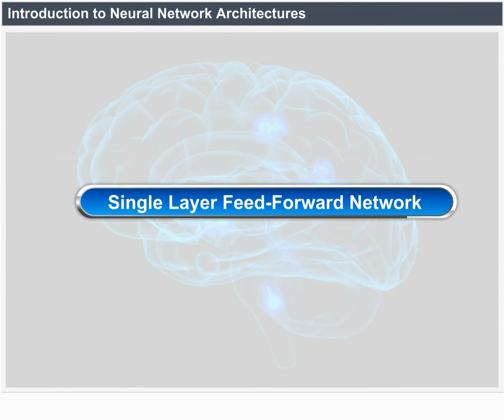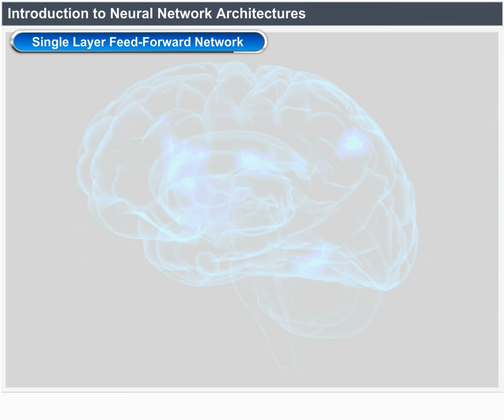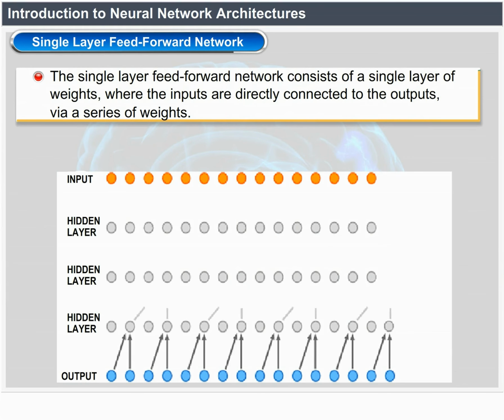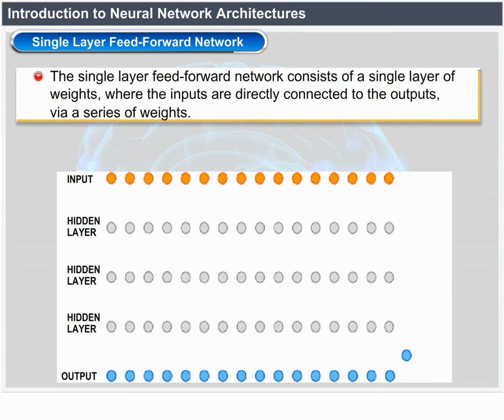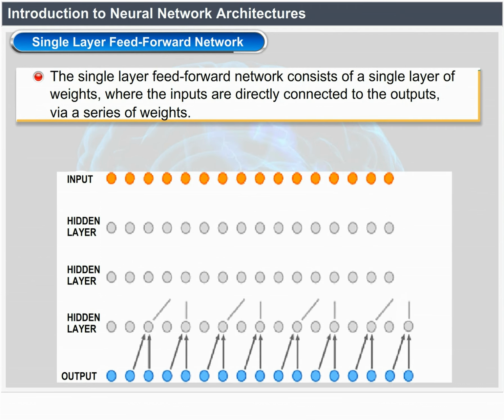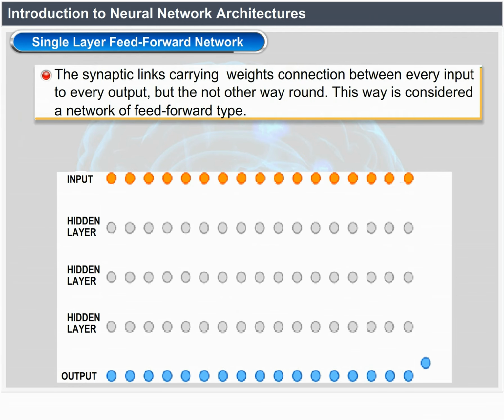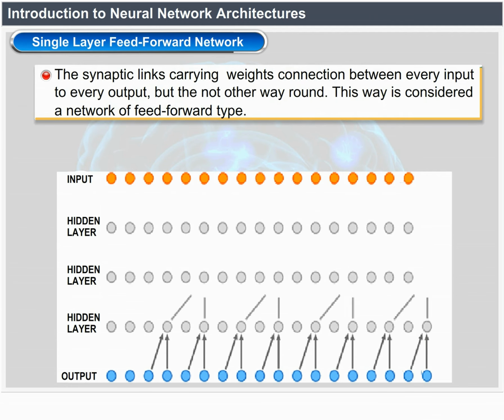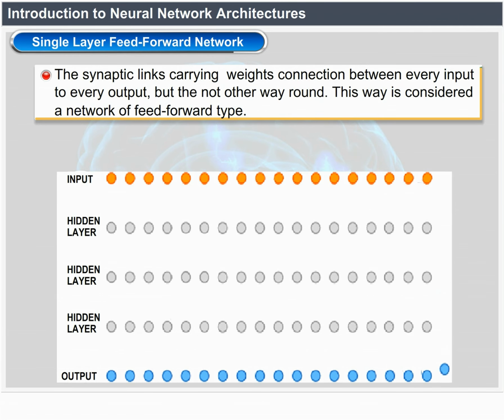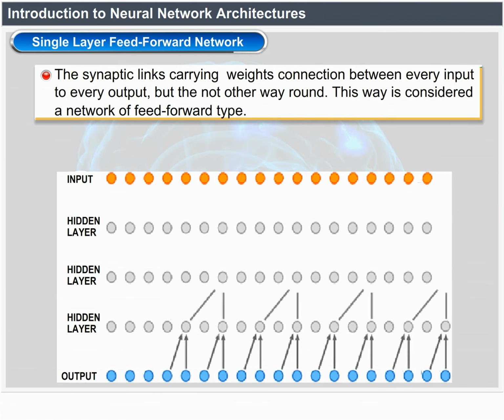Single layer feed-forward network. The single layer feed-forward network consists of a single layer of weights, where the inputs are directly connected to the outputs via a series of weights. The synaptic links carrying weights connect every input to every output, but not the other way. This way it is considered a network of feed-forward type.